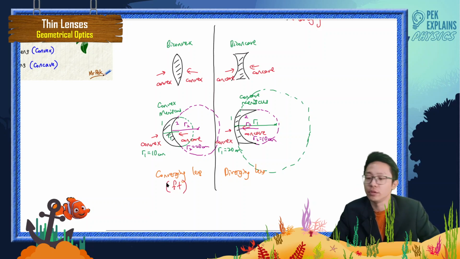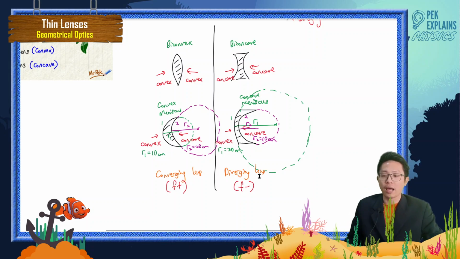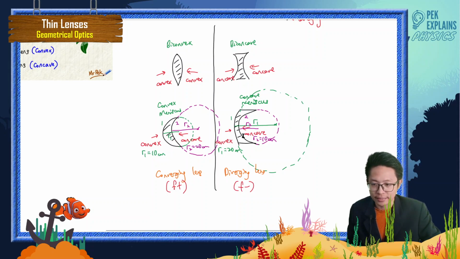If you don't trust me, you can try later on. But for this side, biconcave and concave meniscus, I surely get F negative. If F is negative, these two are diverging lenses.